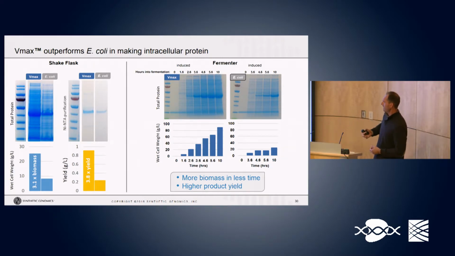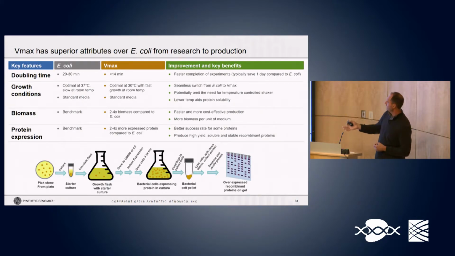What we're seeing compared to E. coli is you get about a 3 to 4 times increase in biomass, which is equating to about a 3 to 4x increase in protein yield, and this is both in comparing experiments either in shake flasks or in fermenters. This is summarizing some of the key features comparing Vmax to E. coli.